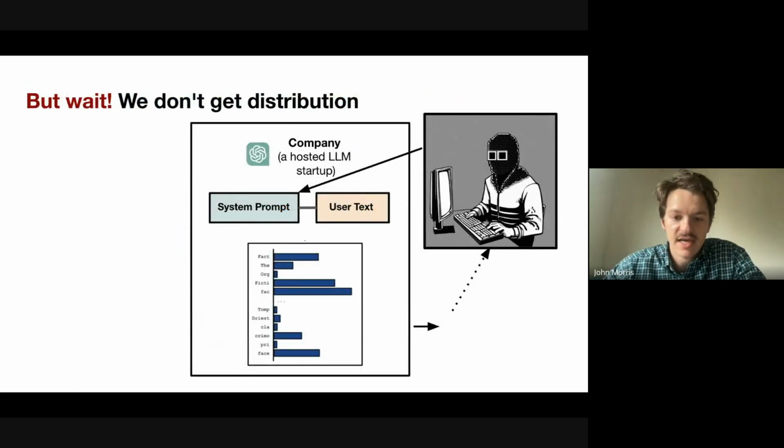which is that we don't get the actual distribution. This is a pretty common thing. People want to get probabilities from language model APIs, and we can't get them. One reason is that they don't want to send that many numbers over the wire for every request. Also, there are some concerns about model distillation, so they won't provide them.